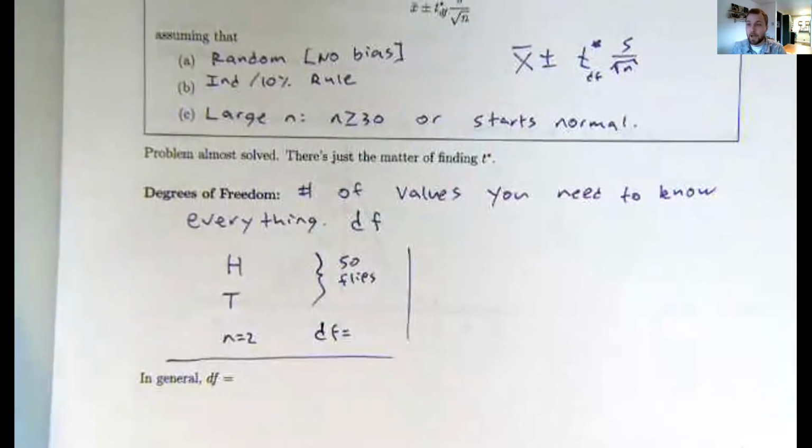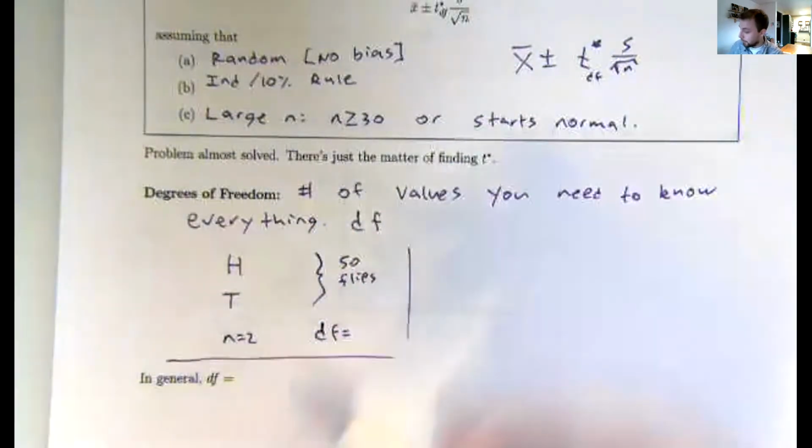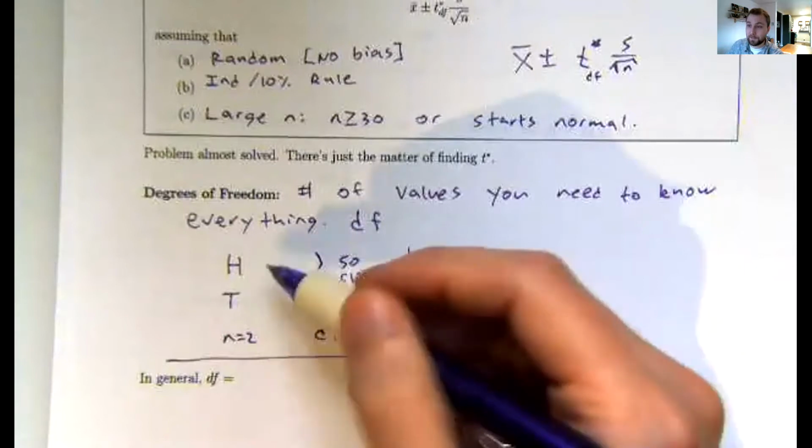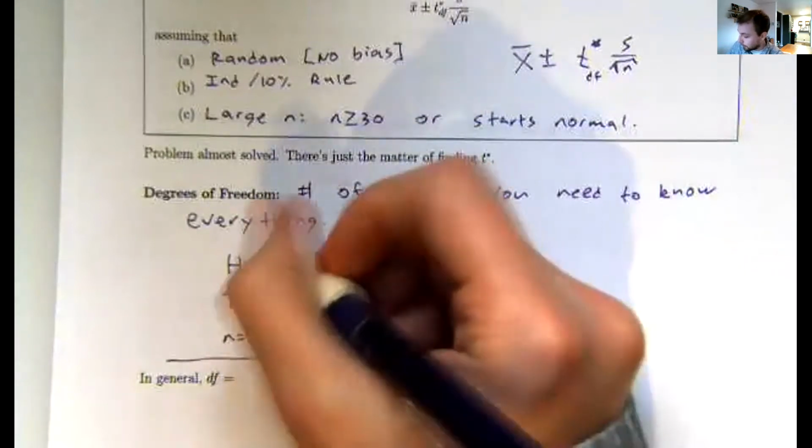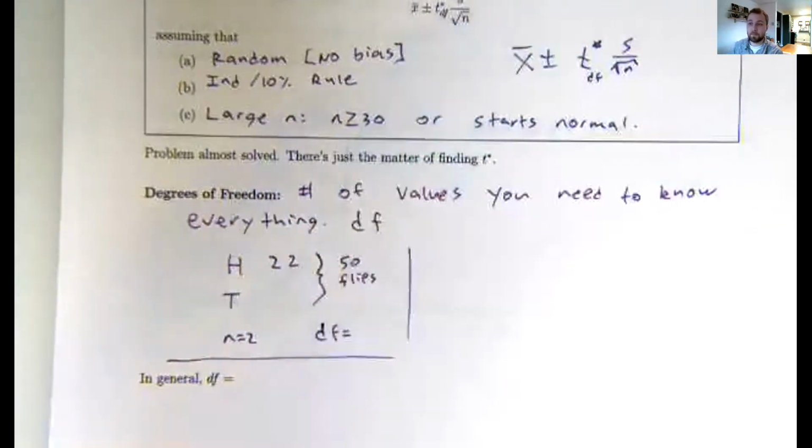So a priori, I'm not sure how many heads I would get in 50 flips. Like maybe it's 25, but I could get 27. I could get even 20 heads in 50 flips. This number can change considerably. So I have two categories. I don't have enough to figure out the number of heads, so I'm going to fill in a number. Let's say I get 22 heads.